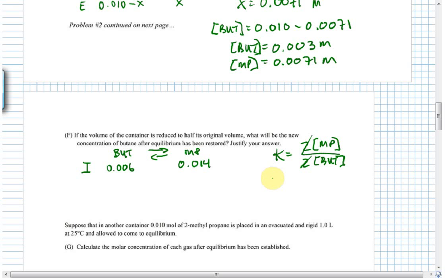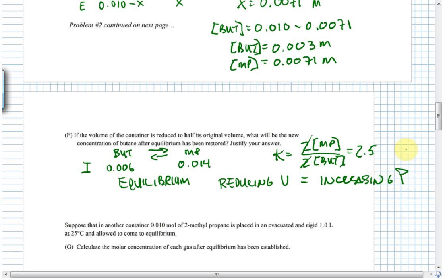The system is still at equilibrium. So these are my new equilibrium concentrations. The concentrations have doubled. The equilibrium, however, has not changed. The concentration ratio remains the same at 2.5. I hope that makes sense. Another way to think about this is reducing volume of a gas is the same as increasing pressure.